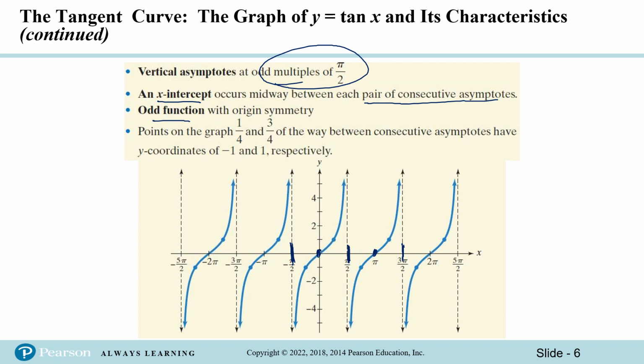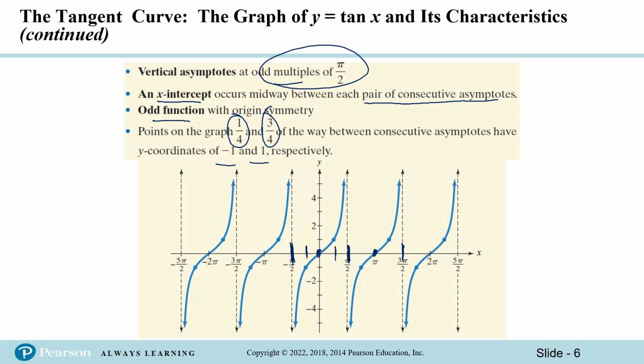It is an odd function. So when we have points that are 1/4 and 3/4 of the way between consecutive asymptotes, you're going to have a y-coordinate of -1 and 1. Right here, halfway between, and right here, halfway between.